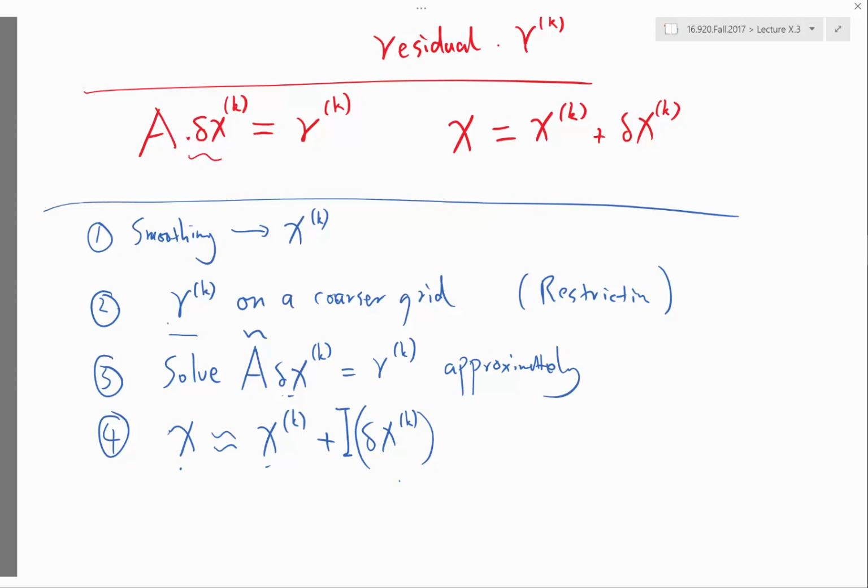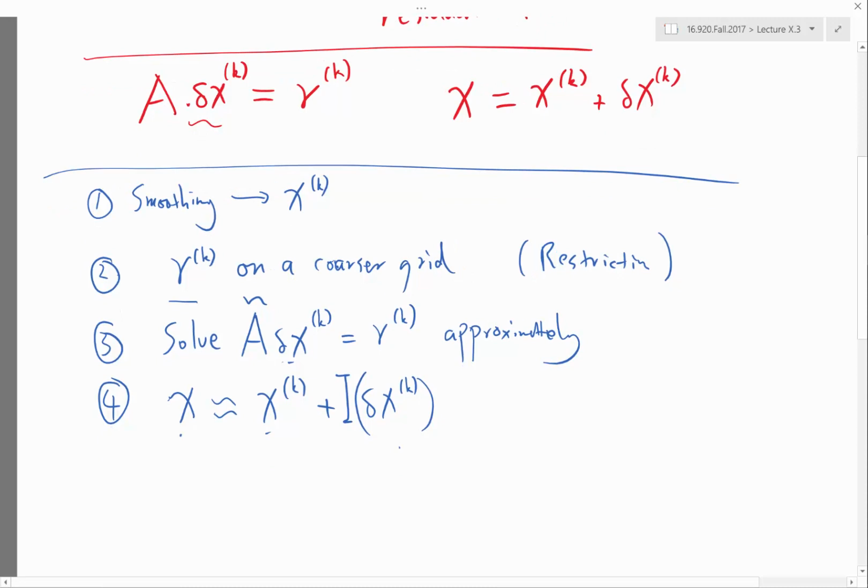So this is going to be approximate, but it is going to be a much better solution than I started with, and I'm going to feed it into an iterative loop. So I'm going to have the whole thing as an iterative loop, right? So that's what multigrid is.